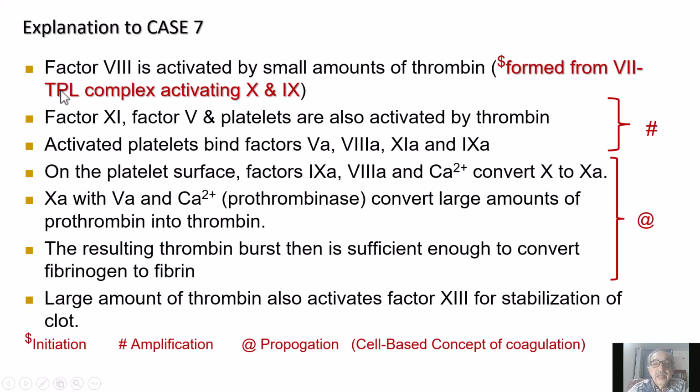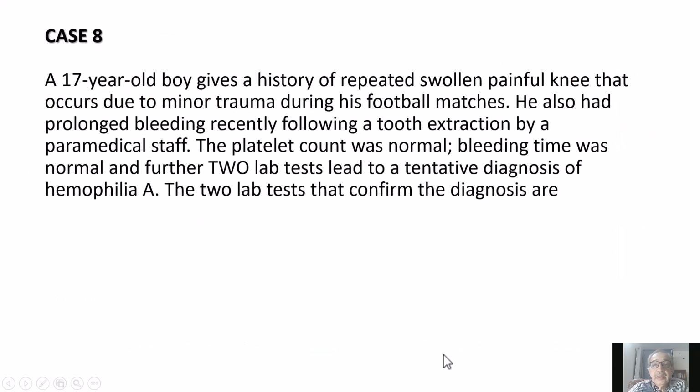It starts with initiation by the so-called extrinsic pathway, tissue factor 7 complex activating these factors, then amplification, further activation of factor 5, platelet activation, factor 11, then the propagation occurs. So initiation, amplification, propagation. This is the cell-based concept of coagulation.